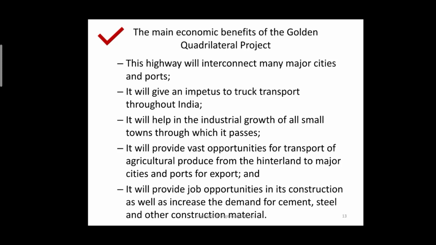It will provide vast opportunities for transport of agricultural produce from the hinterland to major cities and ports for export. And most importantly, it will provide job opportunities in its construction as well as increase the demand for cement, steel and other construction material.